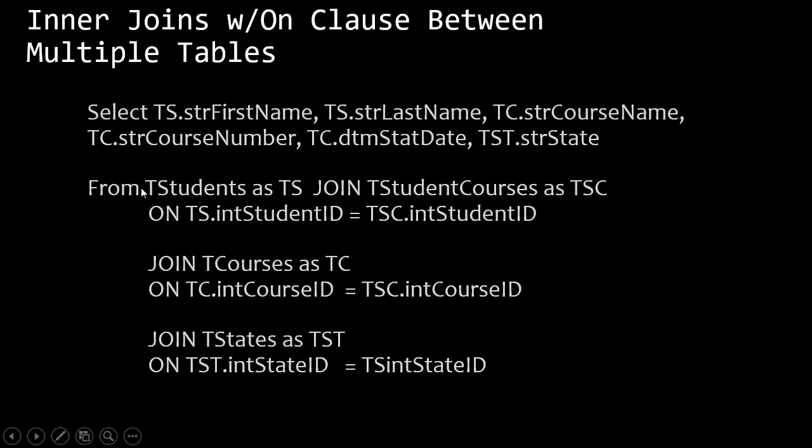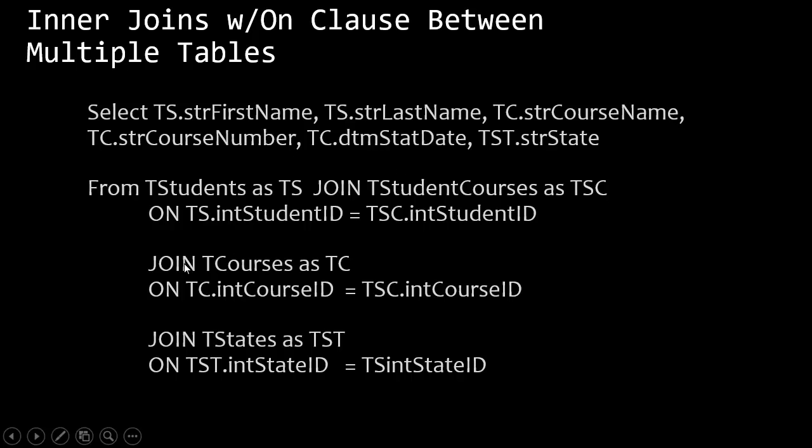Look what I'm doing here. So from T students join, once again, in this case, I went ahead and omitted the inner piece here, same thing. So it's T students join T student courses. Got it? On the primary key and foreign key of those tables. That's when I create a result set.